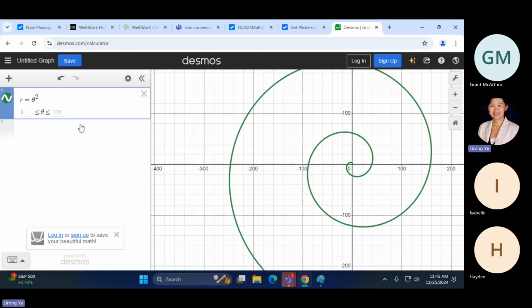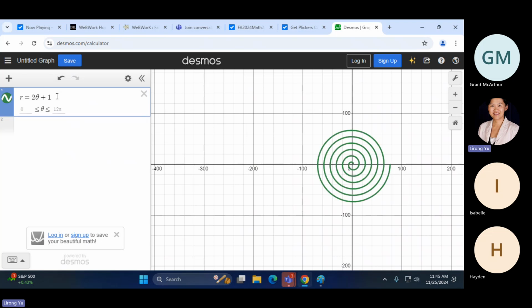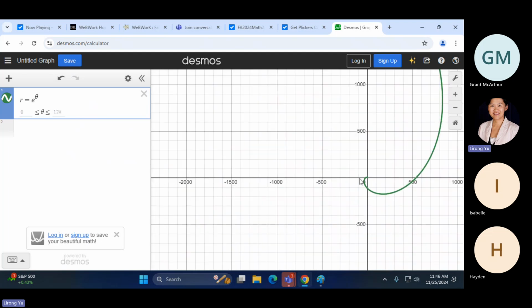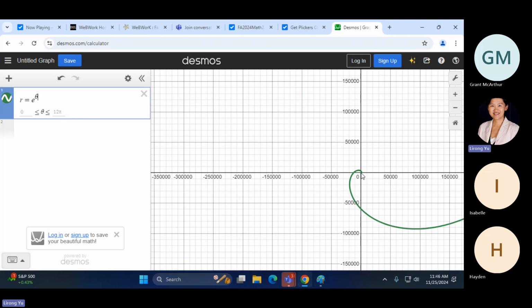It's also a spiral, or r equal to 2 theta plus 1. Any function of theta with no angle relation will cause r to increase as theta increases, like e to the theta. These are different varieties of spiral.